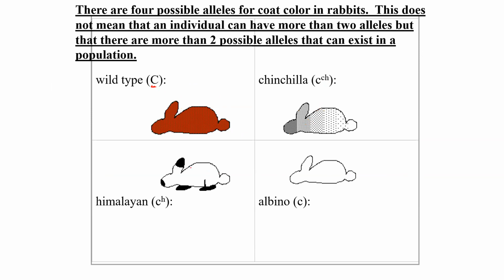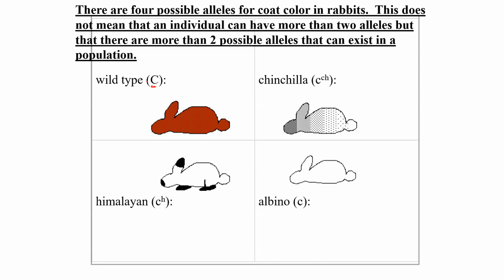You have Himalayan, which you can see has black patches and white patches. And you have albino. Now, you'll notice here that the wild type is written as just a capital letter C, whereas chinchilla and Himalayan are written out with a superscript, right? And the albino is just a lowercase c.